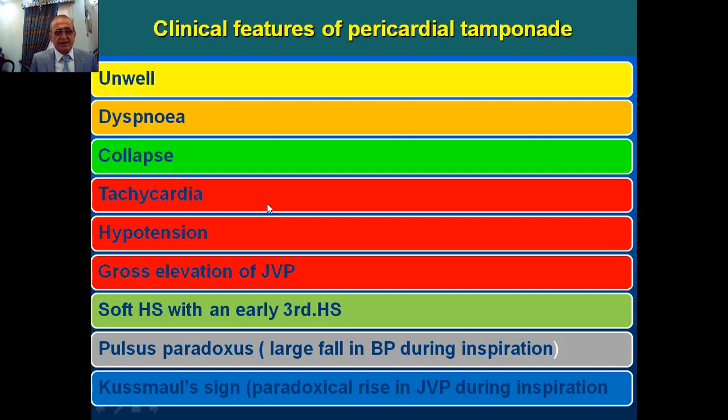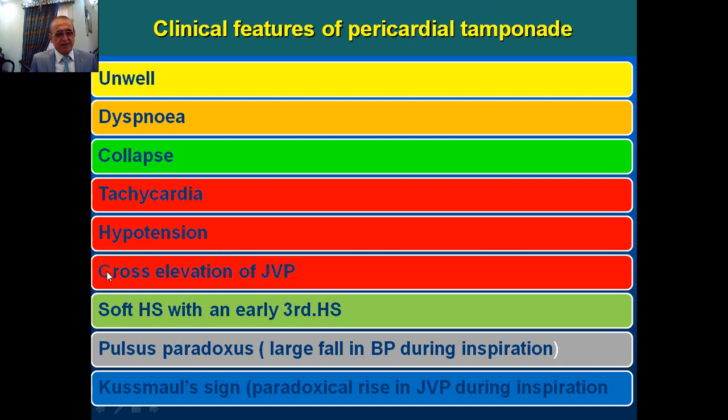So the clinical features of pericardial tamponade are the following, the symptoms and signs. The patient generally looks unwell, he's tired, he will be dyspneic, and sometimes he will collapse. Then, on examining the pulse, you have tachycardia and possibly weak volume, blood pressure will be low.